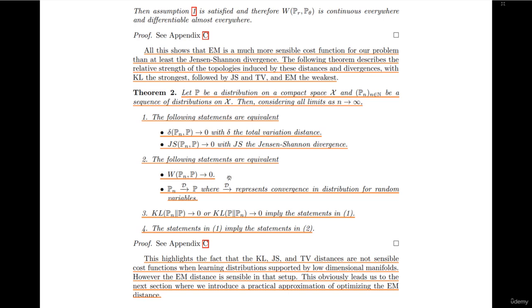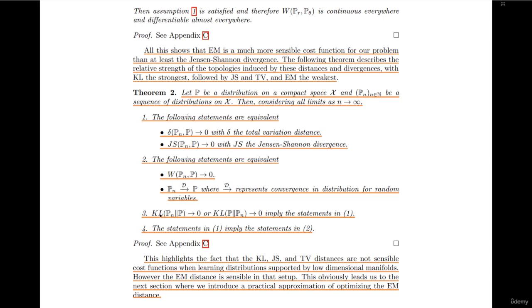Then also these two statements are equivalent: when the EM distance converges, then Pn converges to P, that's the distribution Pn converges to distribution P, and if the distribution Pn converges to the distribution P, then W, or better still the EM distance, converges.